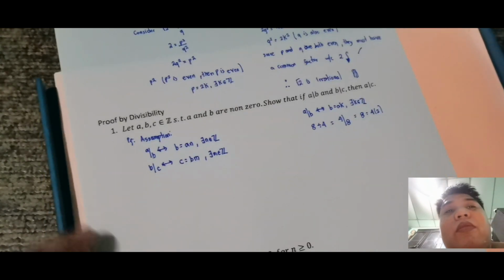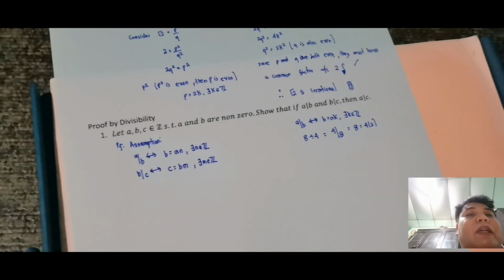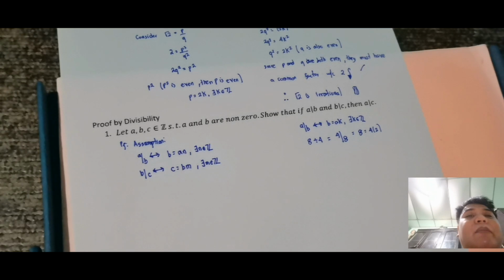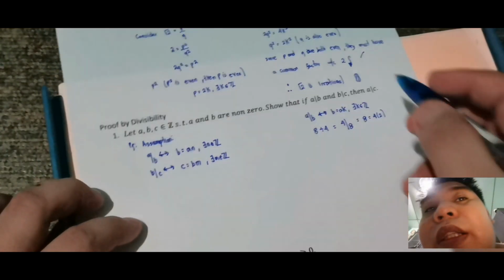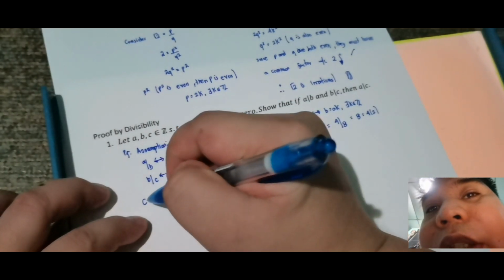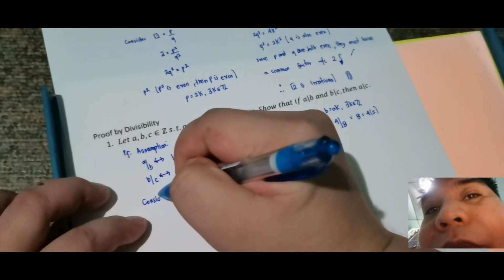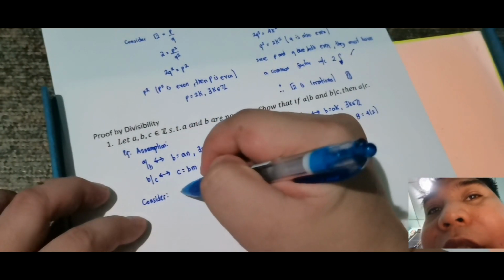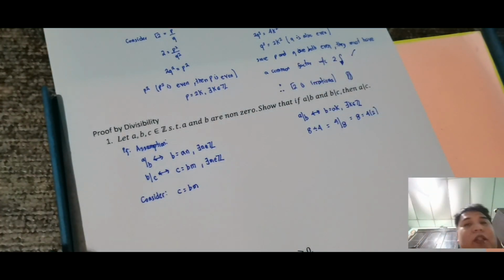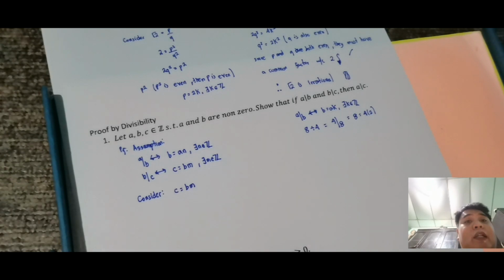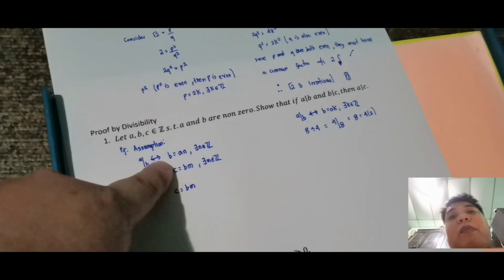Okay, we need to show that A divides C. Ang goal natin, kailangan maging A divides C siya sa dulo. So i-consider ko tong part na C. C is equal to B times M. Nag-start ako dito. Next, ang sabi nito, B is equal to AN, so pwede ko palitan yung B dito.